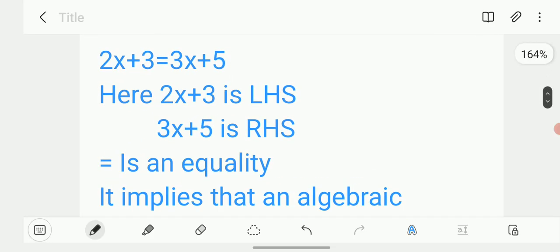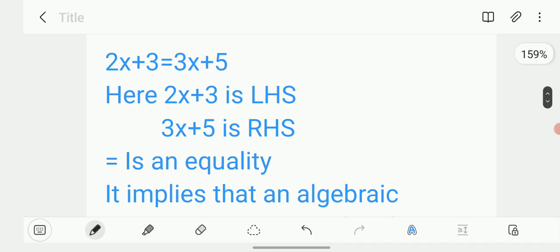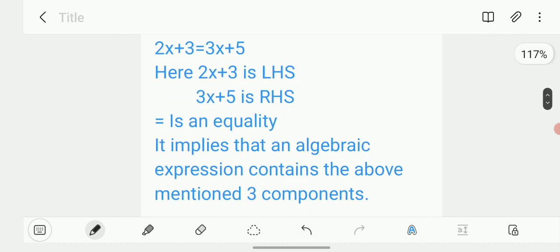If you see here, I have given an example: 2x plus 3 equal to 3x plus 5. As we are discussing only linear equations in one variable, I have used only a single variable, that is x. So 2x plus 3 equal to 3x plus 5. Here LHS is 2x plus 3 and RHS is 3x plus 5. Okay, and there is an equality sign.